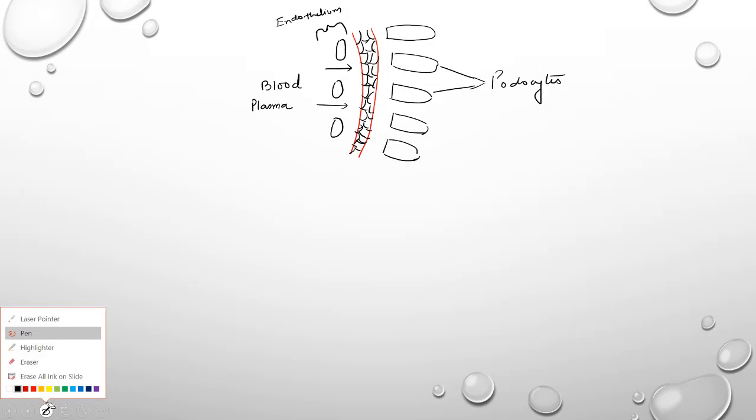These are podocytes. This is the endothelium of glomerulus, which is fenestrated, having pores. This is the endothelium, which is having pores. So the blood plasma can easily enter through these pores. These pores are known as what? Fenestrae.